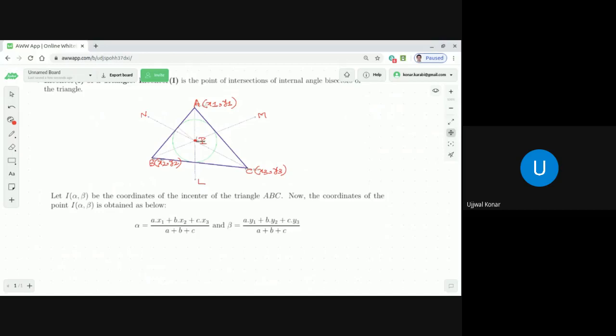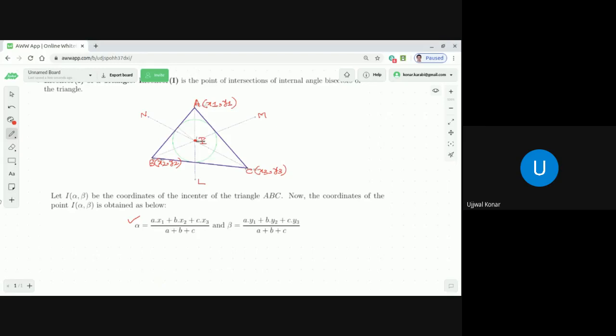That is, lowercase a is BC, lowercase b is CA, and lowercase c is AB. One thing to remember: if you remember alpha, which is in terms of x1, x2, x3, you just replace x1, x2, x3 by y1, y2, y3, and you get beta. Clear? So this is the way we can find the coordinates of the incenter.